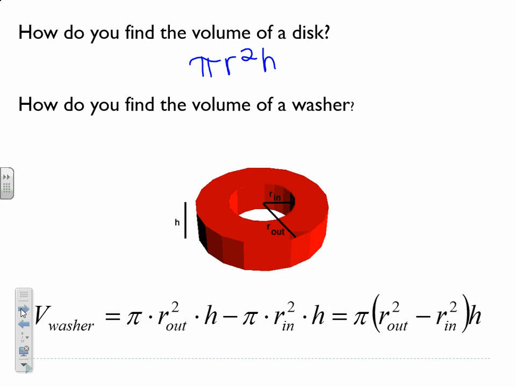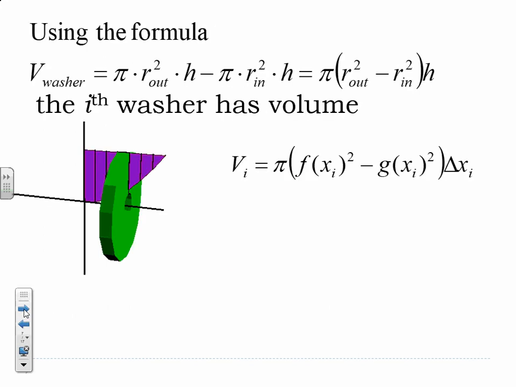What's going to happen is that, basically, the radius of our outer function is the top function. The radius of that hole is going to be how far away that smaller function is from the axis, okay?